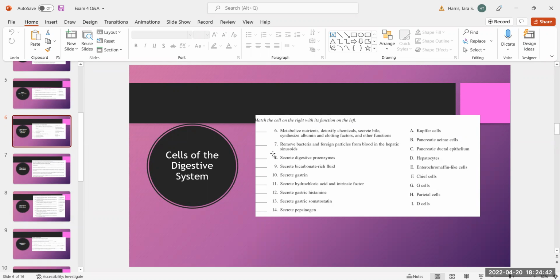I tell patients that's your diabetic center because it's secreting what? What's going on in the pancreas to help it do what it needs to do for diabetic function? It secretes insulin.